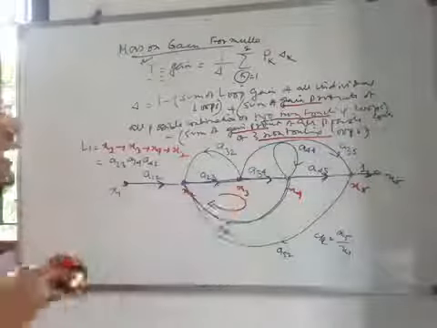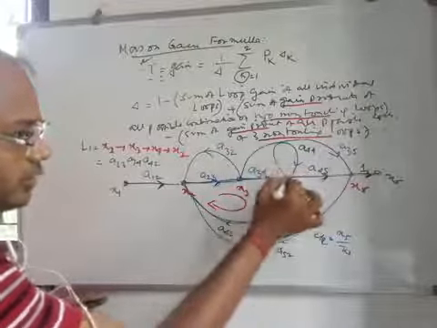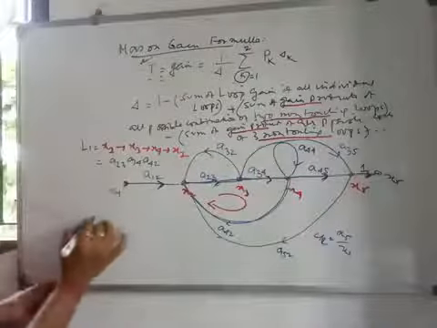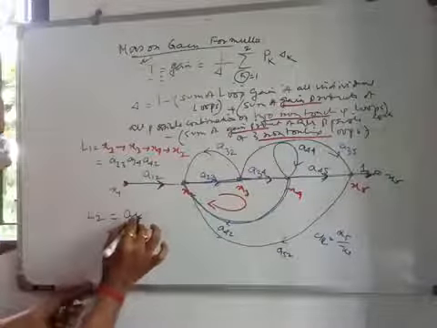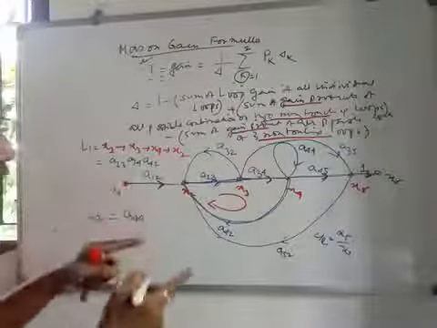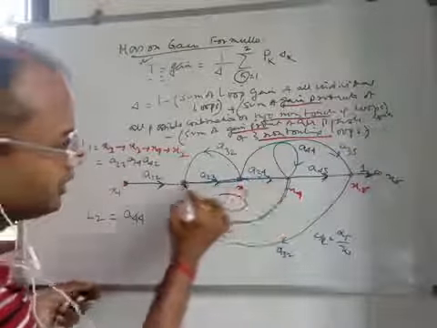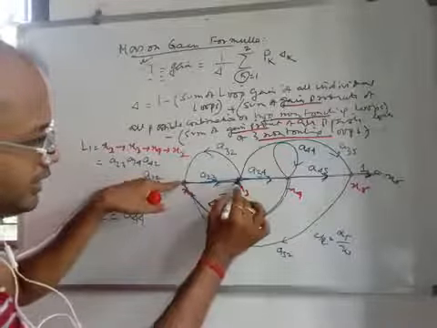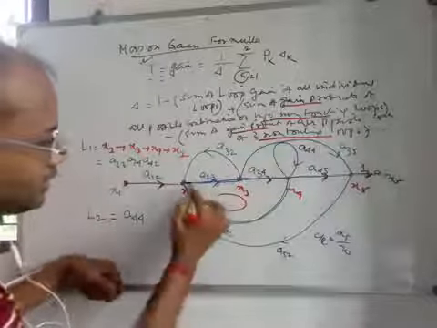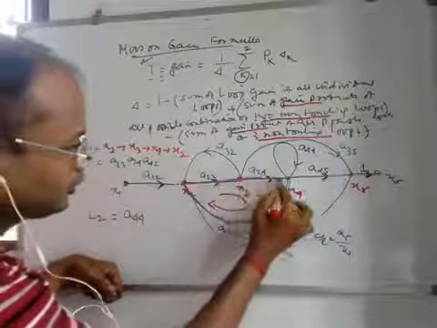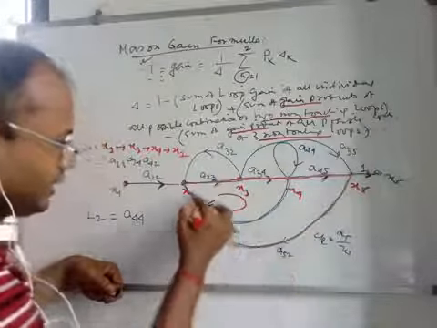Similarly, you see x4 to x4. This is loop 2 with gain a44, that is x4 to x4. That is a loop. Again, you can move from x2 to x3 to x4 to x5 and back.